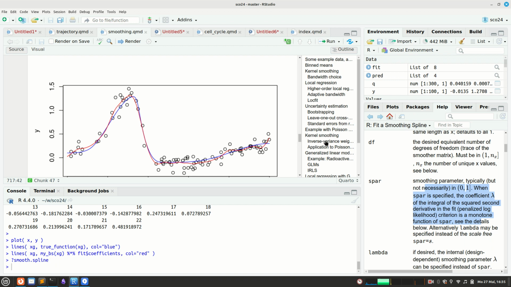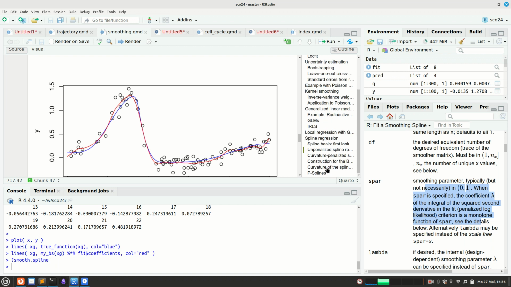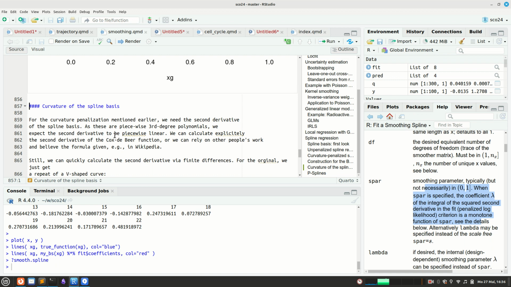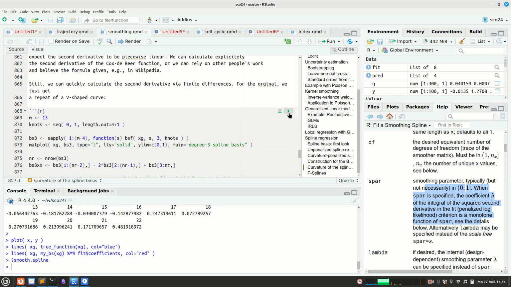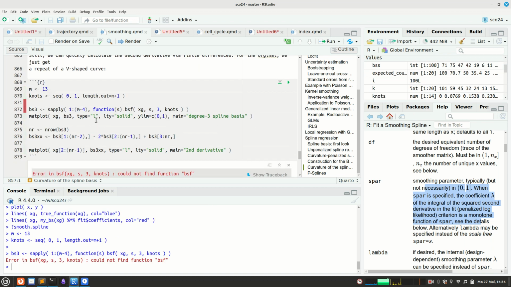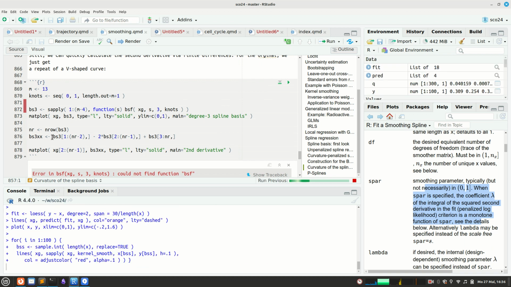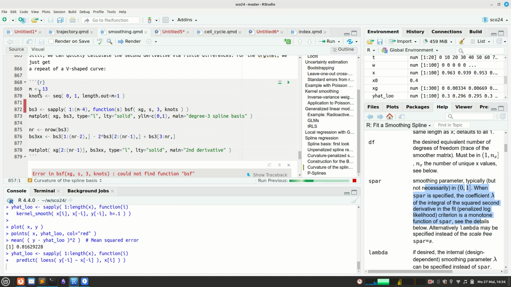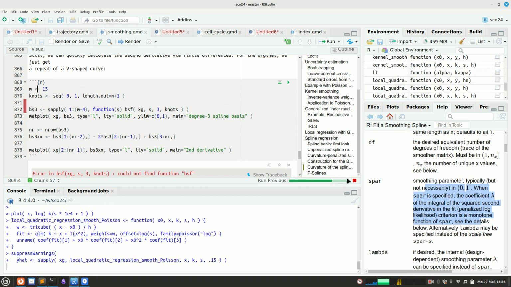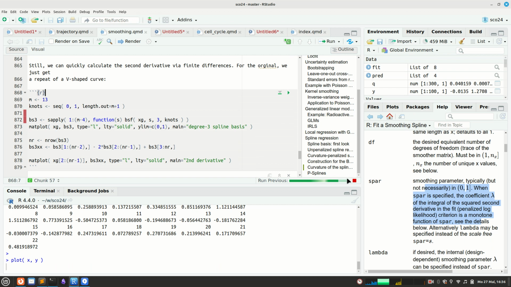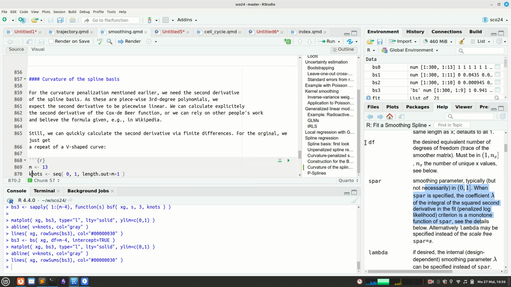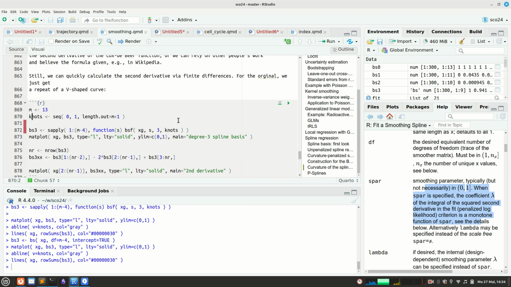So I simply draw my spline basis here again. And I simply calculate the derivative numerically, which is something which in math people usually don't like.